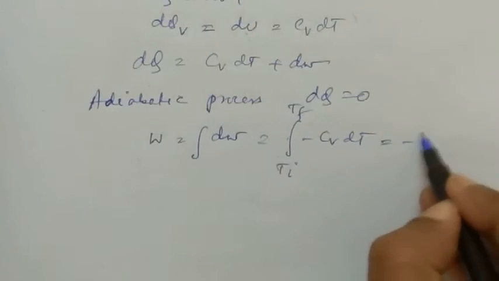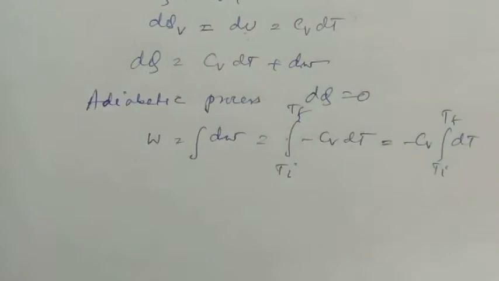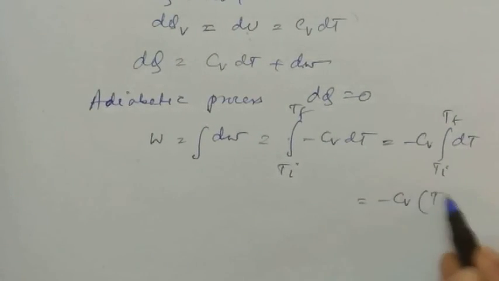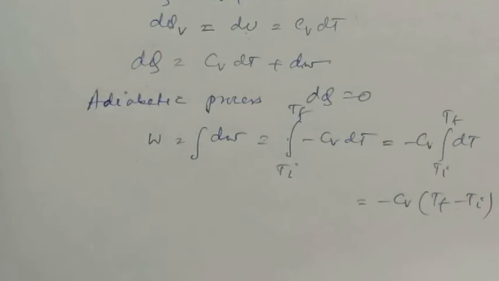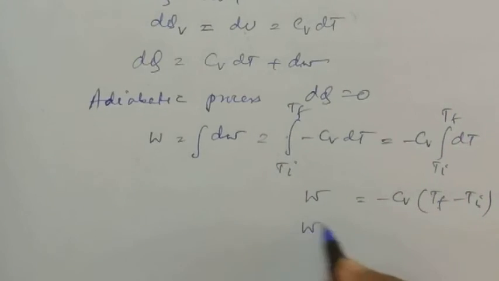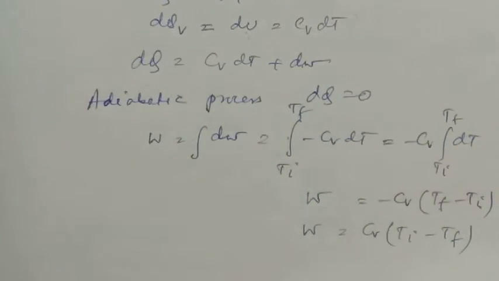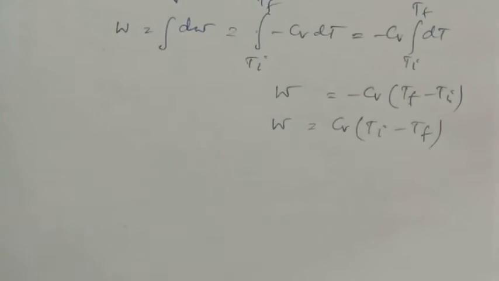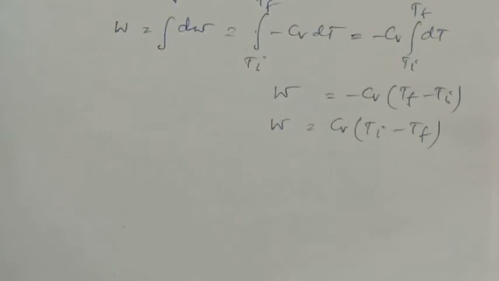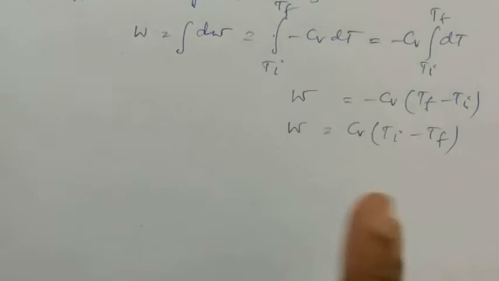So minus Cv, you can take it out, dT from Ti to Tf. So minus Cv into Tf minus Ti. So the formula for work is minus Cv times (Tf minus Ti). Also, taking the minus inside, we can write Ti minus Tf. Now for an adiabatic process, the work of an ideal gas is Cv into the fall in temperature.